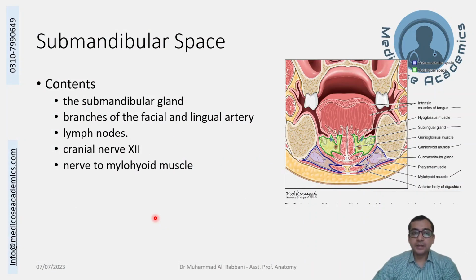Submandibular space contains the submandibular gland itself, the lymphatics and nodes by the same name. There is the facial artery, facial nerve, part of the lingual artery, and the hypoglossal nerve passes through it a little bit, and that's it.